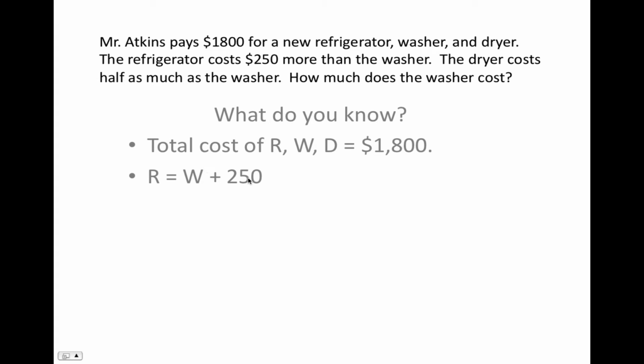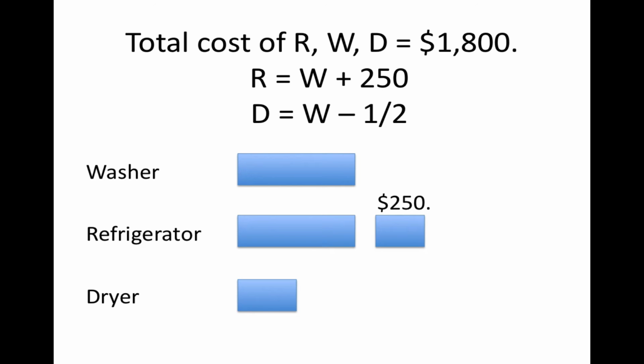So the washer plus $250 equals what the refrigerator costs. The next piece of information is that the dryer costs half as much as the washer. So the dryer equals half the cost of the washer. Okay, so we have this information. What do you think it makes more sense to use, a bar model or a graph? I sure hope you said bar model.